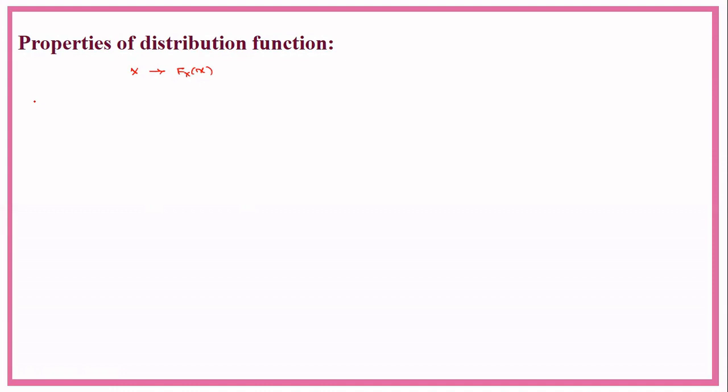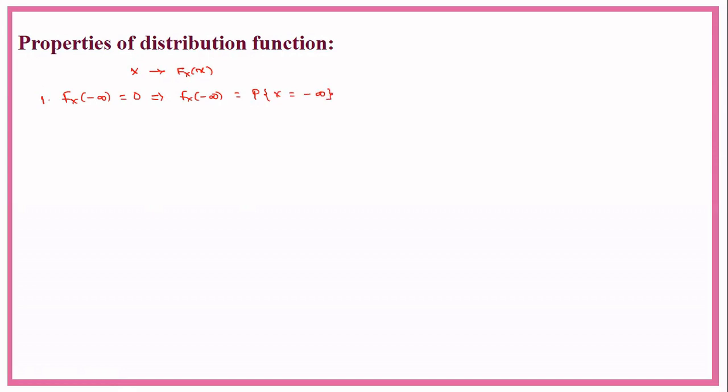Now I'm taking the first property. Property one is Fx of minus infinity is equal to 0. We need to verify this. Fx of minus infinity is equal to the probability of x equal to minus infinity.